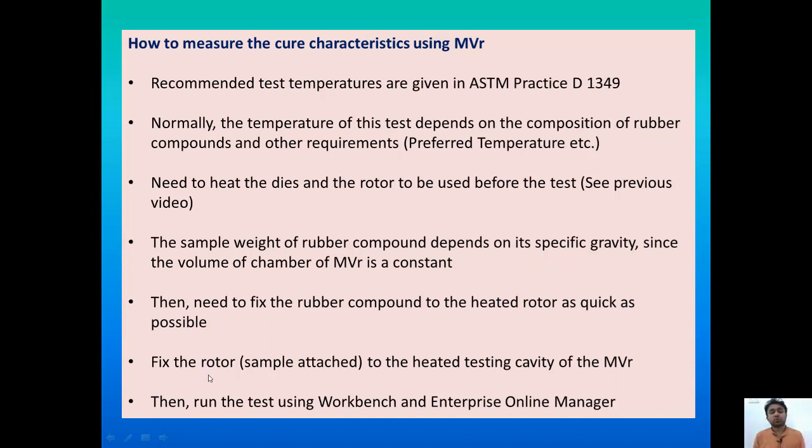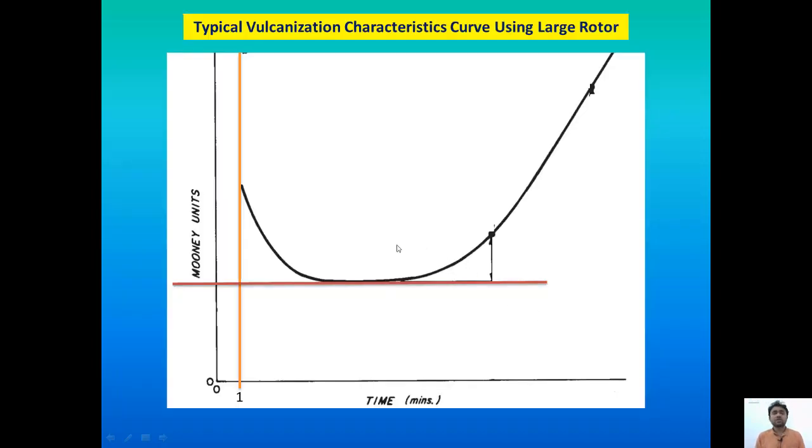Then we need to fix the rotor with the sample into the testing cavity, close the cavity, and run the test using Workbench or Enterprise Online Manager, both software. This is the shape of a typical vulcanization curve that we obtain from the Mooney viscometer using a large rotor.